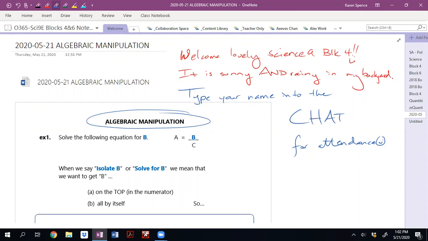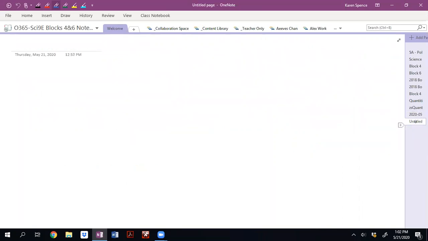So let us go to here, and I'm going to actually do what was on that other sheet. This is the algebraic manipulation. It's basically just algebra, and I'm going to show you two ways of doing it.